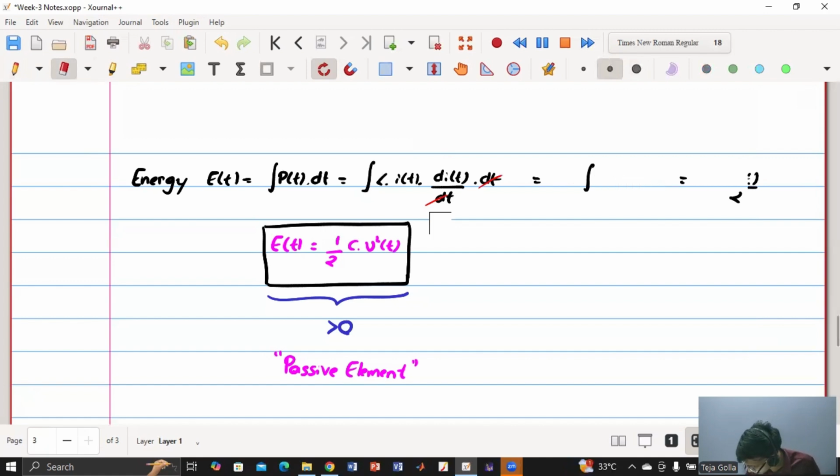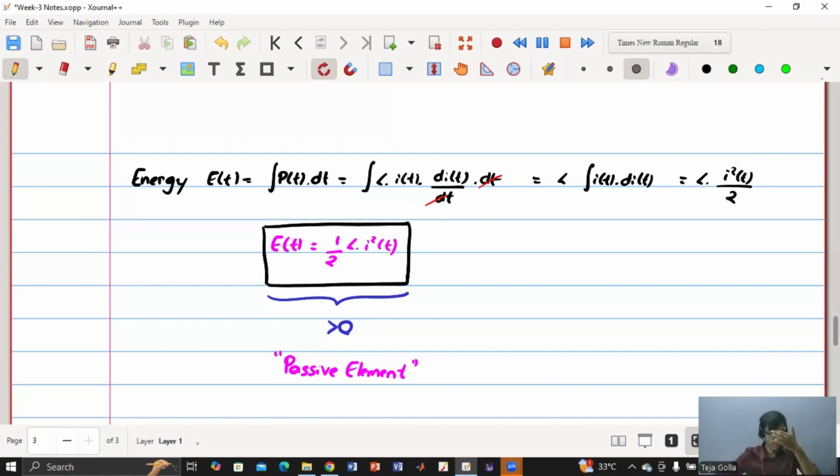So we have L into I of t into di of t, which is L into I squared of t by 2. So again, we'll get the same thing as half L I squared. Instead of half C V squared, we'll get half L I squared of t. Again, energy is positive, so it's also a passive element.